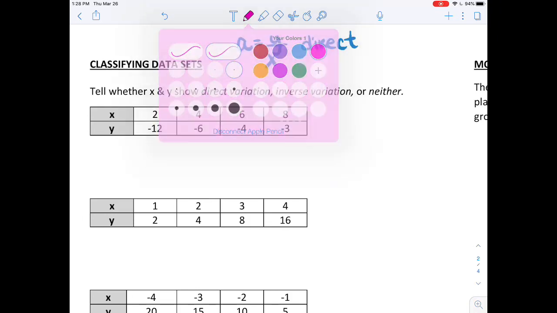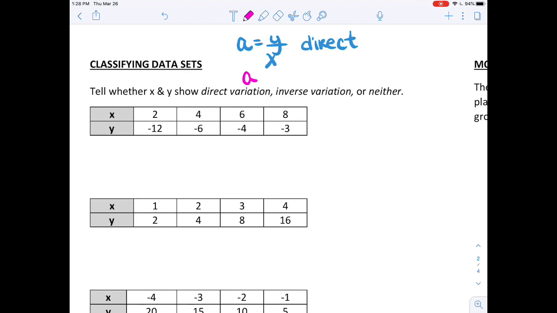And similarly, if we have our product being a constant, then we have inverse variation. So we're going to take these x and y values and figure out whether we have direct or inverse or neither. So let's take a look at this first one.